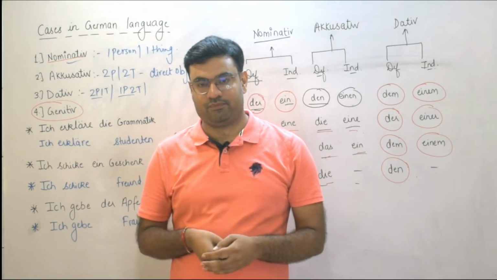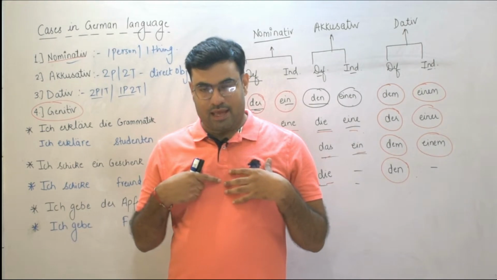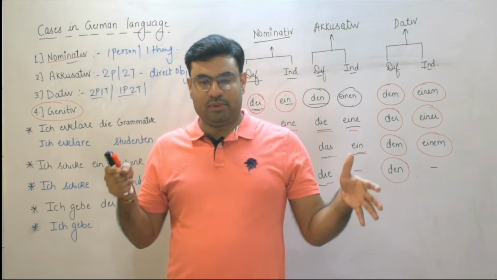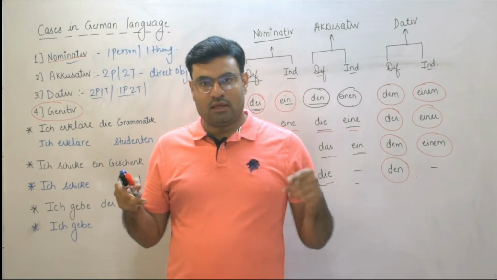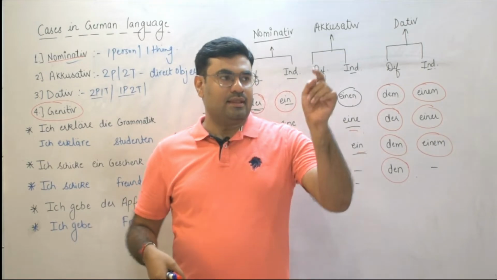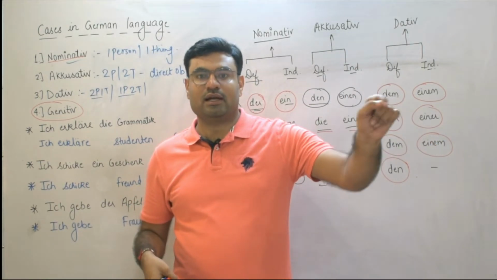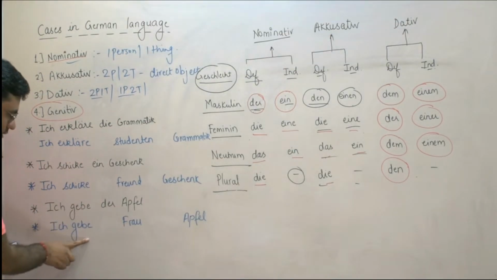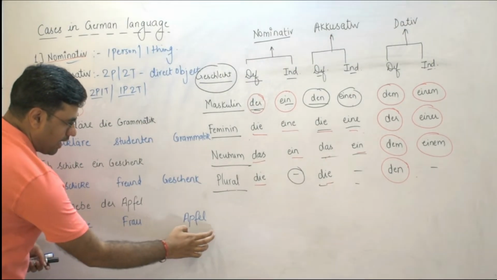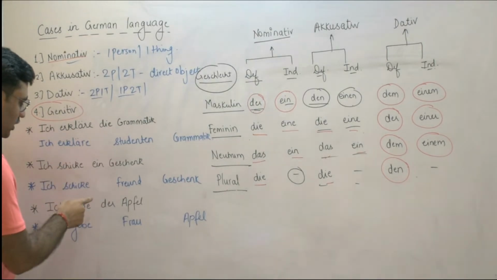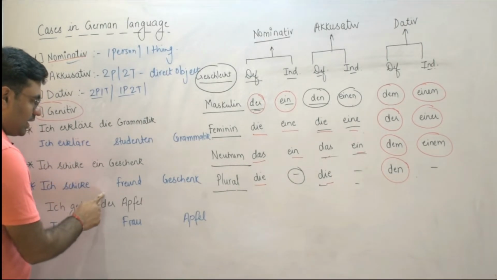I'll try to explain again. I am the subject, so I will be in nominative case. Then apple is in accusative case, and then the lady is in dative case. So when I give the lady the apple, apple is in accusative case. What is the article of apple? Der.